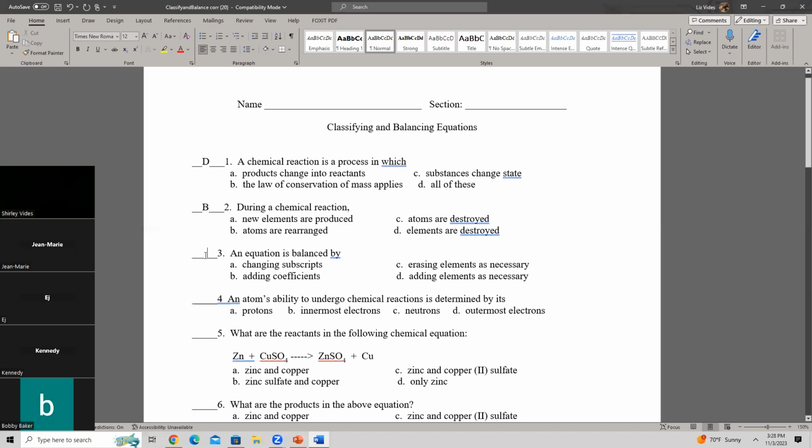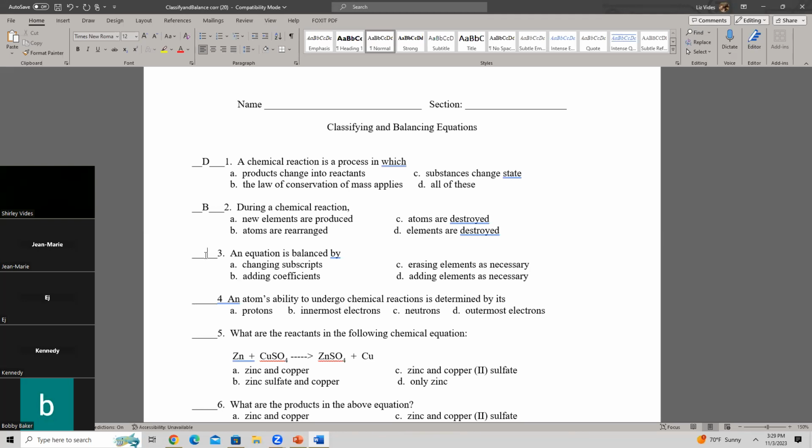All right, what about 3? How do you balance an equation? There's only one way. Coefficients.